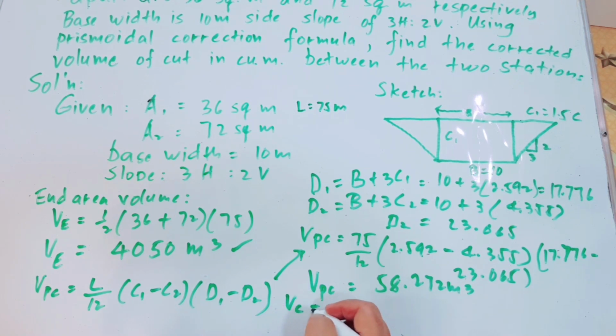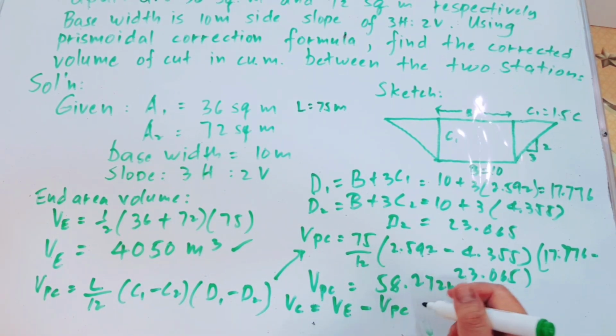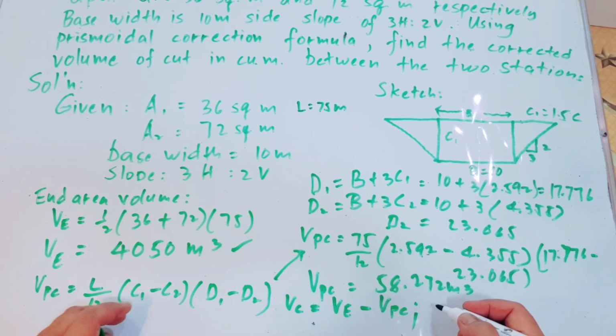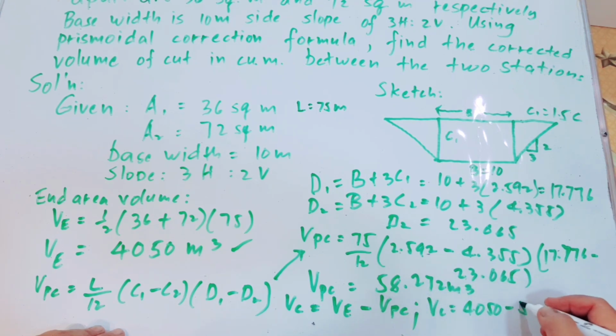The corrected volume, VC, is equal to the end area volume VE minus the prismoidal correction VPC, which is 4,050 minus 58.272.